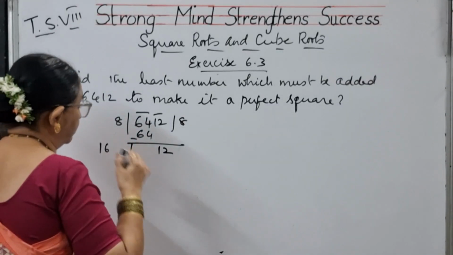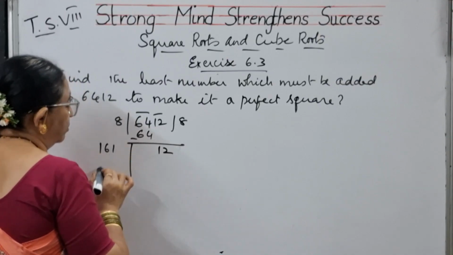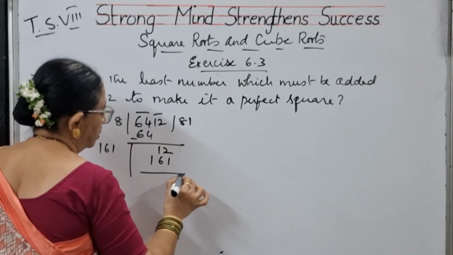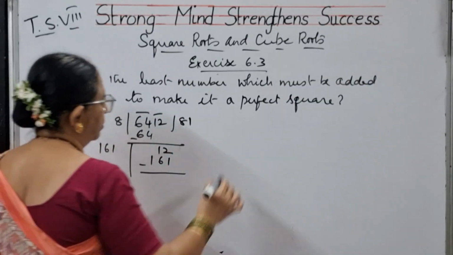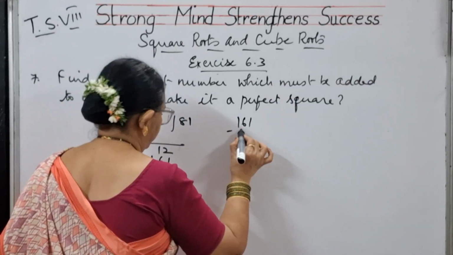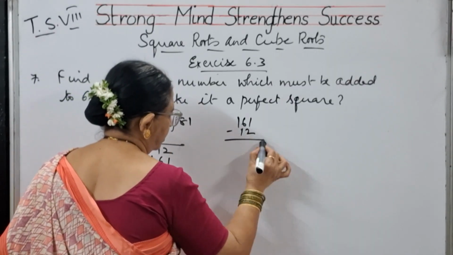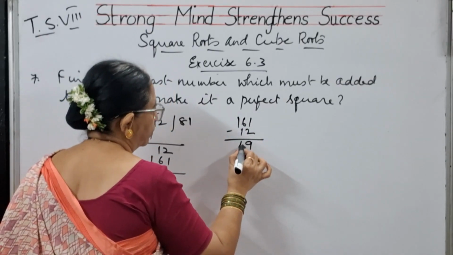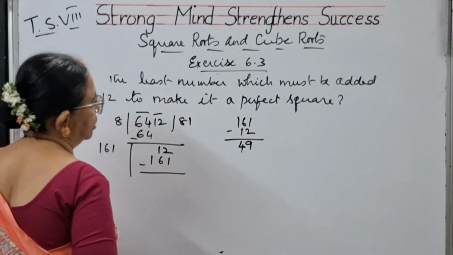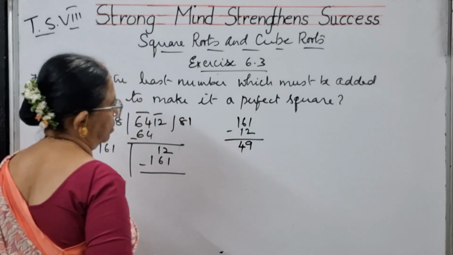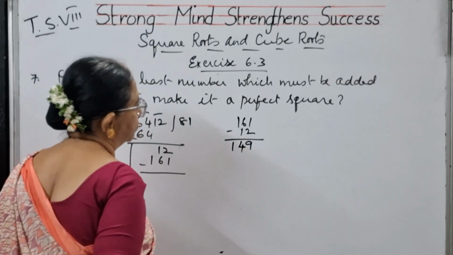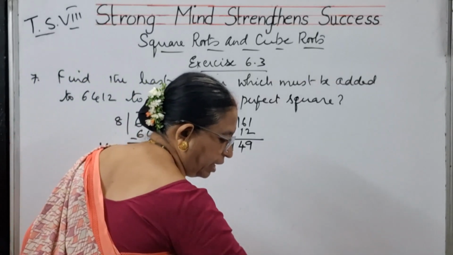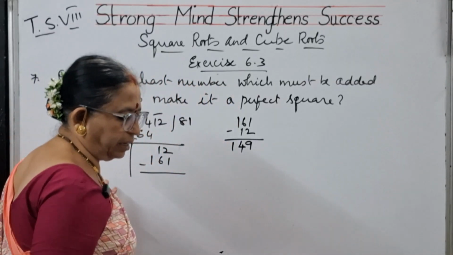So even the least number, if I take 1 also, 161 I am getting. So when I subtract from 161, if you take 12, this is 9, this is 4. 5 minus 1, 4. And 1. So 149 you are getting here.